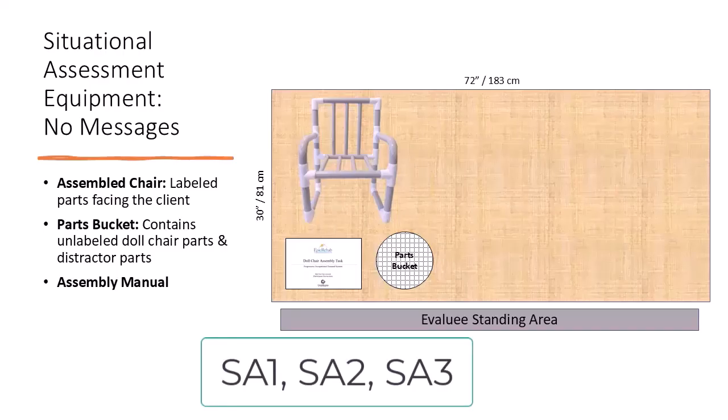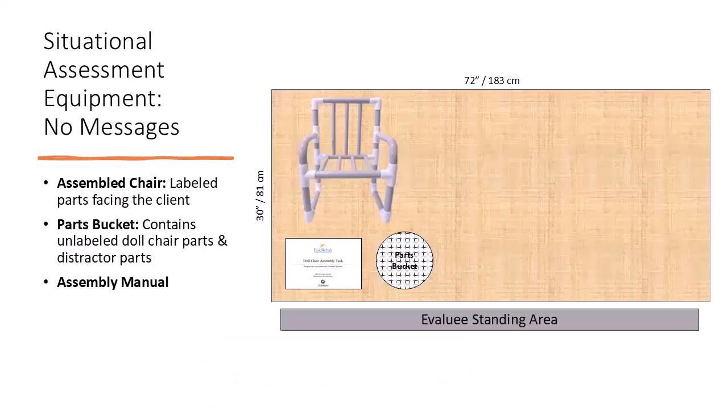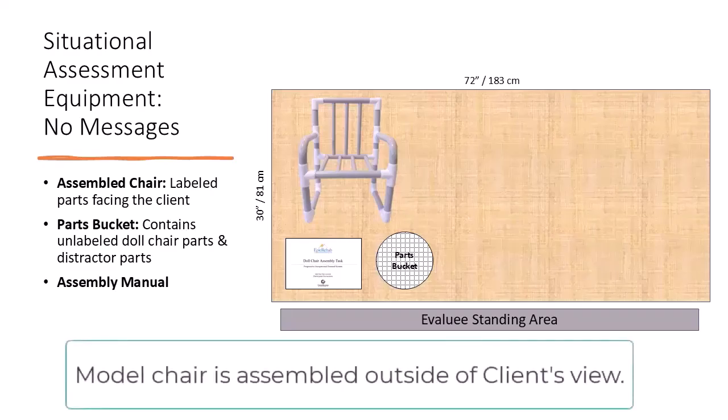The unlabeled doll chair parts are in the bucket, approximating the front edge of the table. Critically, the evaluator assembles the model chair outside of the client's awareness. The labels on the model should face the front and point upward, visible to the client. The model is then placed at the rear of the assembly manual, which is in front of the assembly area.